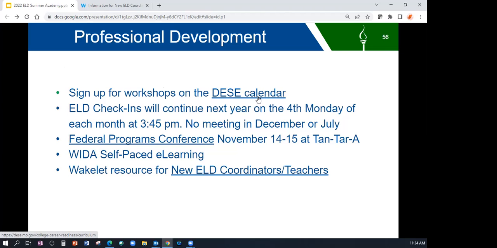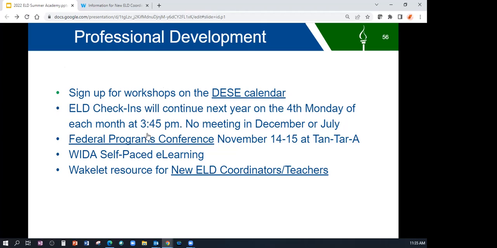Scroll down to the bottom of the page and you'll see a calendar that has links on certain dates. So you'll have to look at the calendar and look for those dates. We also have our ELD check-in that will continue next year. It's on the 4th Monday of each month at 3:45.